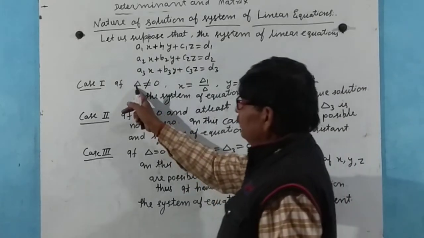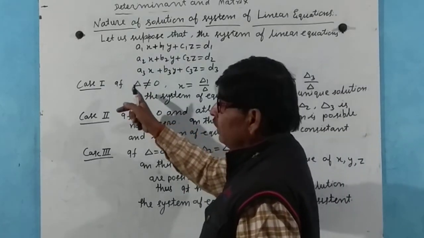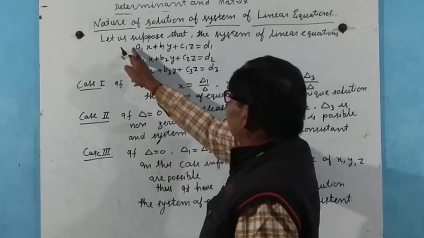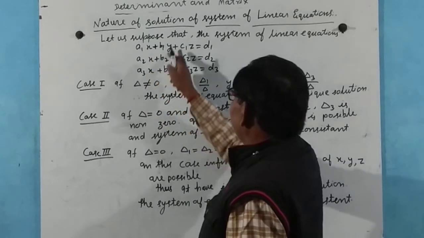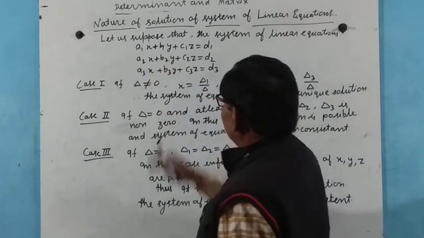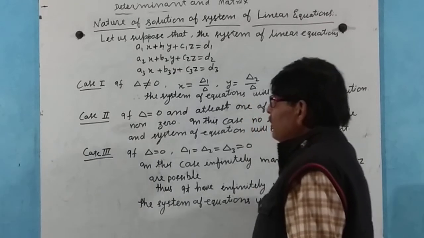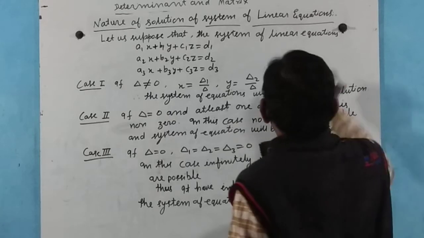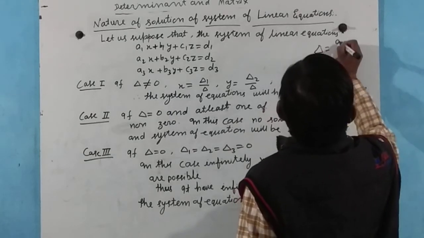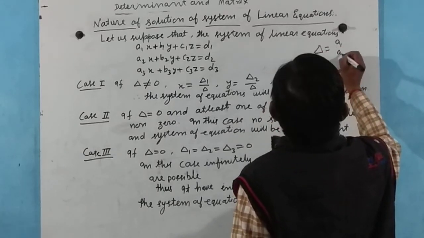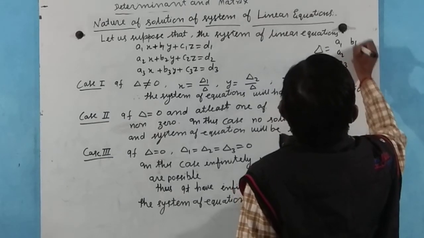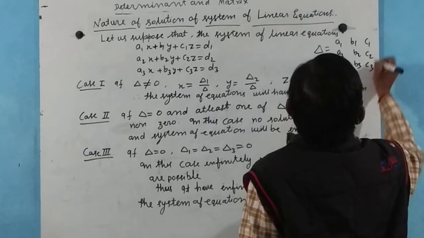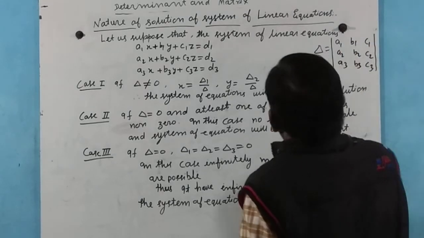Here in this case, delta will be a 3 cross 3 matrix whose elements are a1, a2, a3, b1, b2, b3, c1, c2, c3. That is the determinant delta equal to this, in this case delta equal to a1, a2, a3, b1, b2, b3, c1, c2, c3. This is the value of delta.